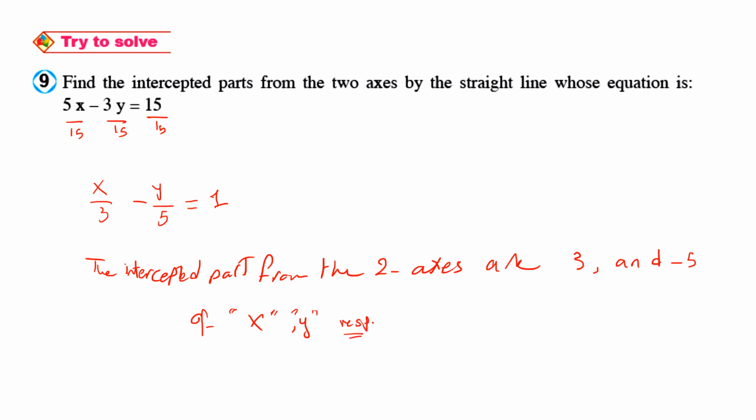So the intercepted part from the x-axis is 3 and from the y-axis is -5.